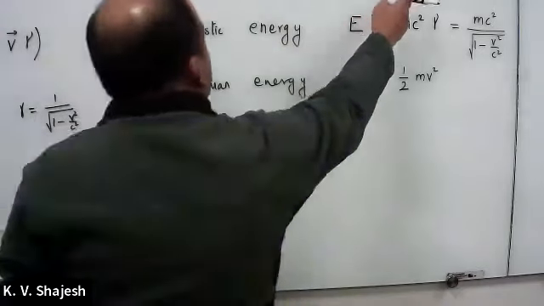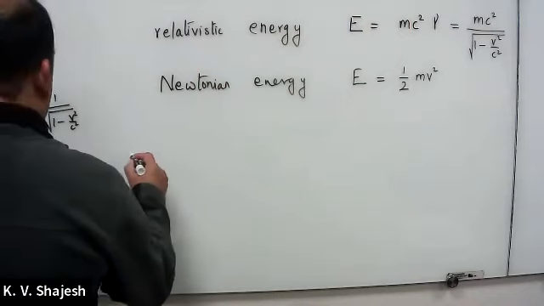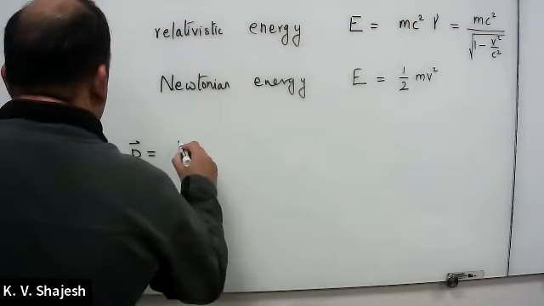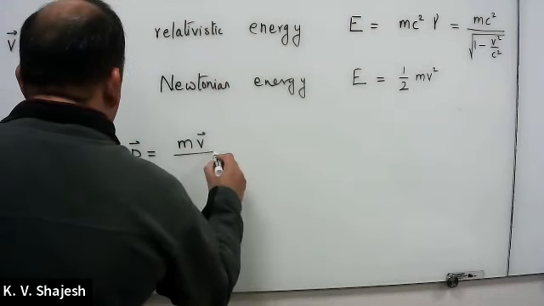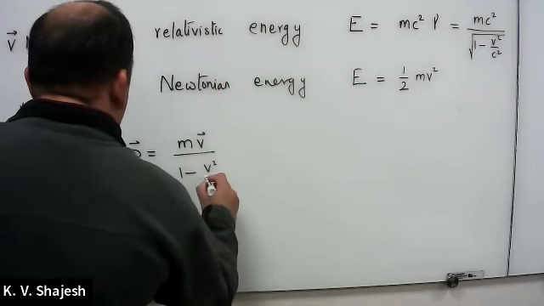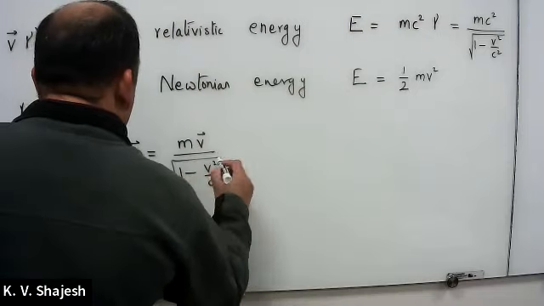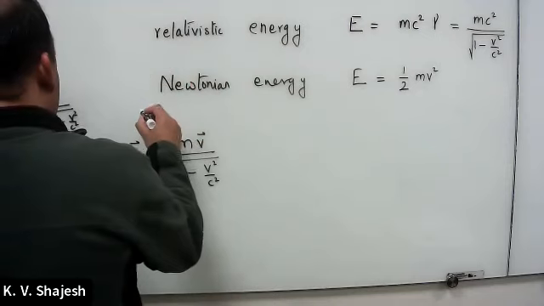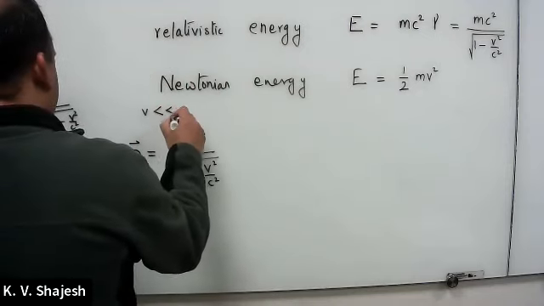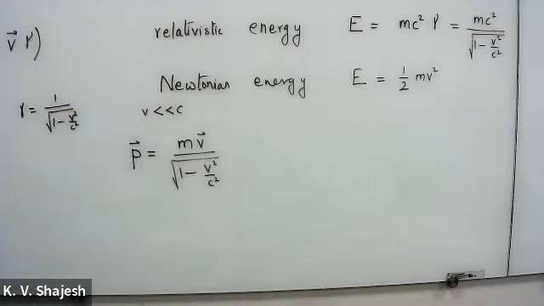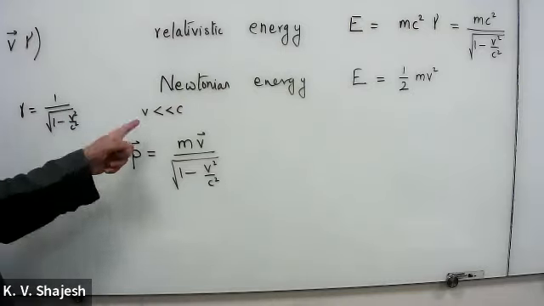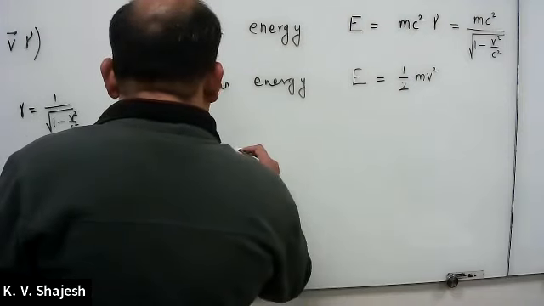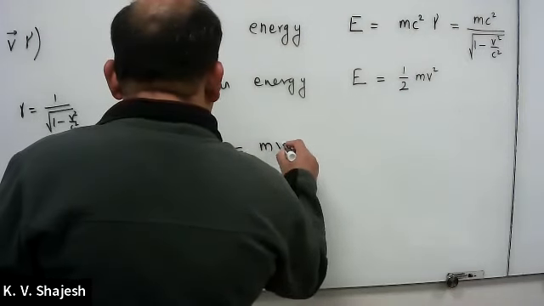So let's start from this p and expand. Let's say for v very much less than c, velocities smaller than c, so this is equal to m times v.